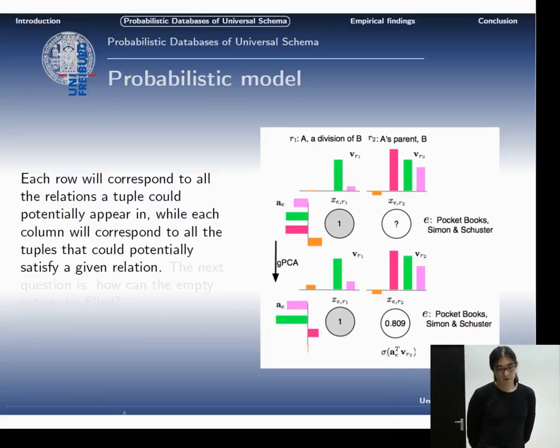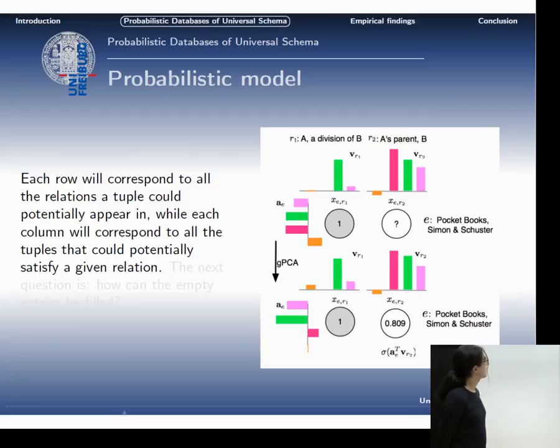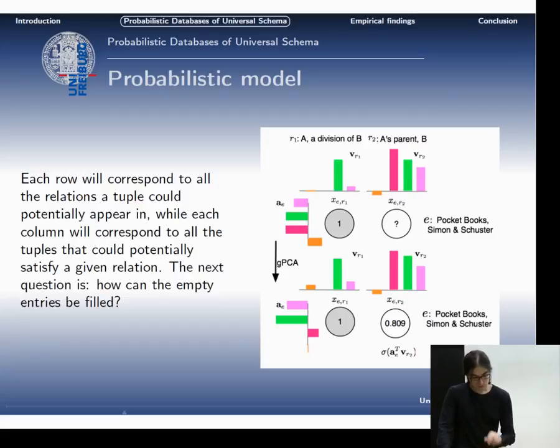We might expect it to look something more or less like this. Again, everything is either 0 or 1, and for the relations we do not observe, we want to estimate them somehow. The question is how. It's, of course, an important question.